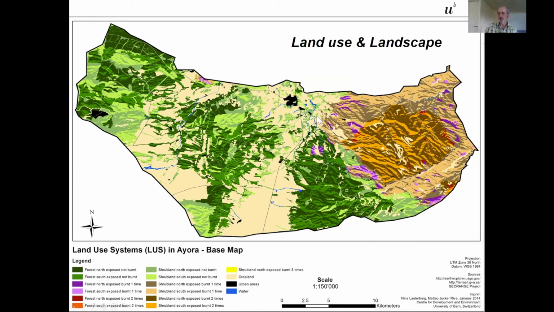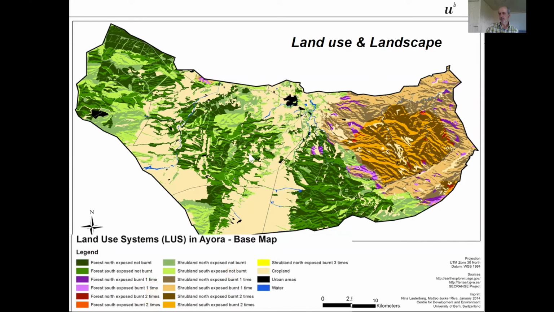These are the areas with forest fires, whereas other areas are not burned. And then we did a cover assessment, and we saw that there are quite some differences on the northern and southern slopes in terms of forest cover, bush cover, also shrubland cover. But then we used the same methodology that I explained before, and then did an assessment of the degradation.